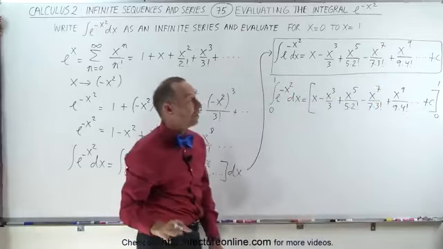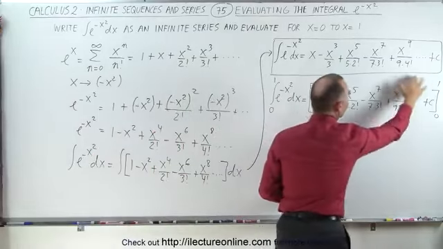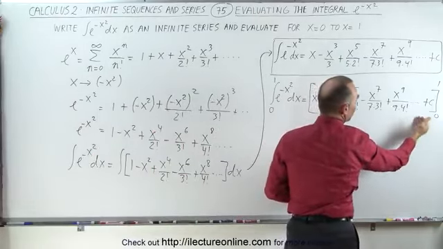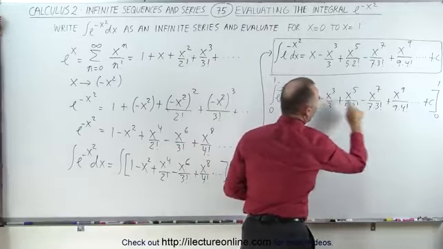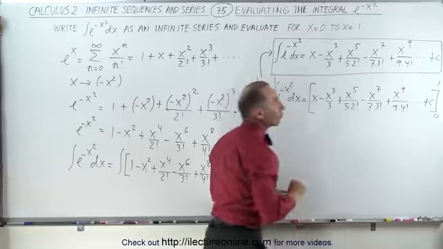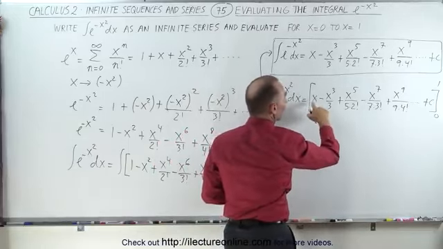Now, of course, the constant of integration will disappear when we plug in the limits, because first we plug in the upper limit, and then we plug in the lower limit, we subtract, the c will drop out. But notice also that when we plug in the lower limit, every one of the other terms will go to 0, and that means what we have left is just the upper limit.